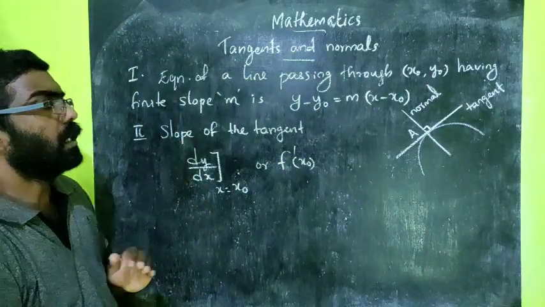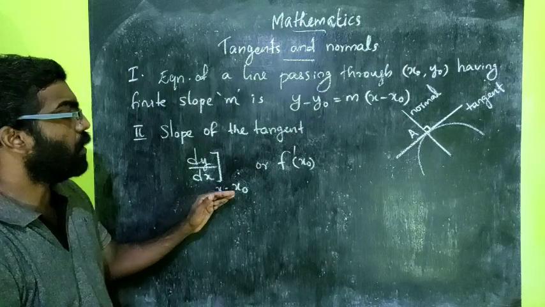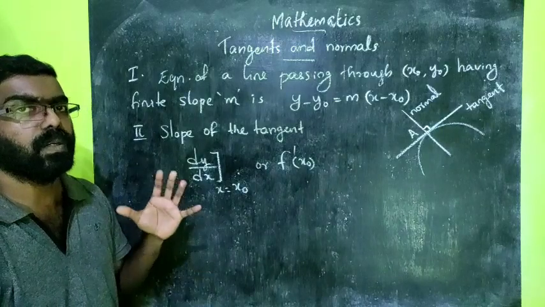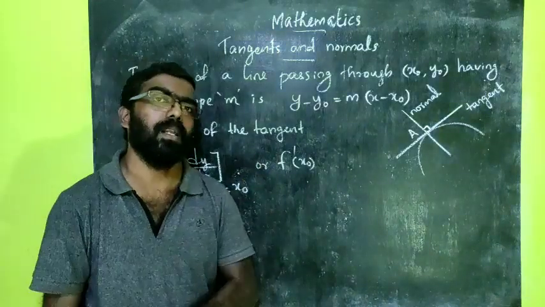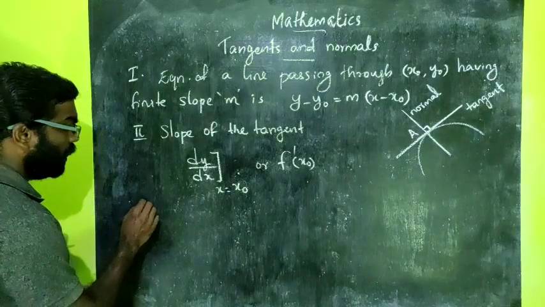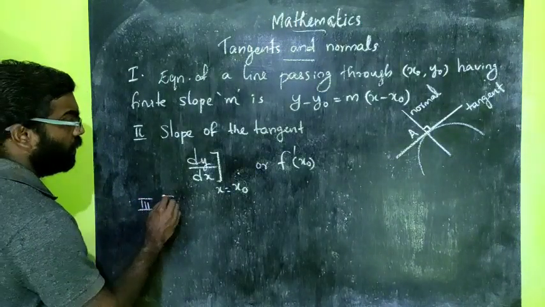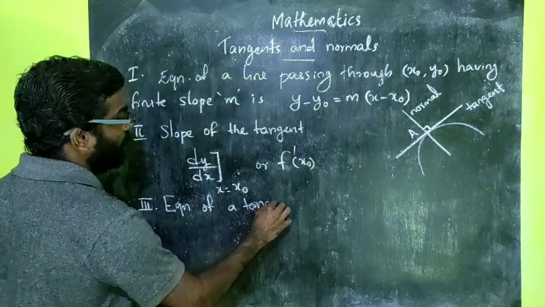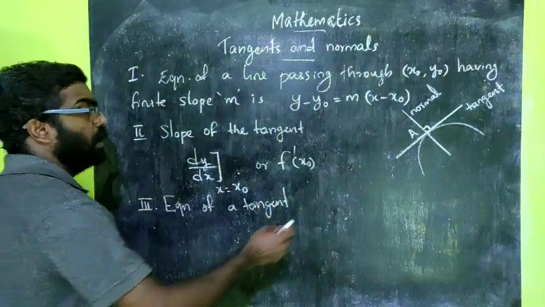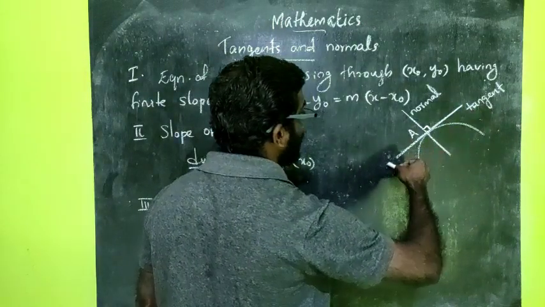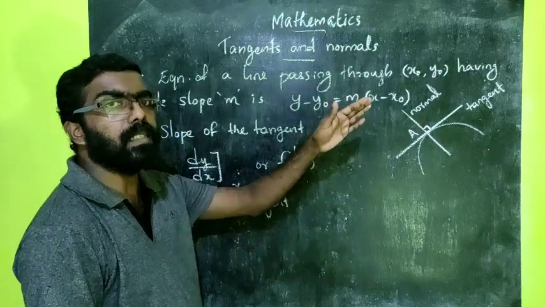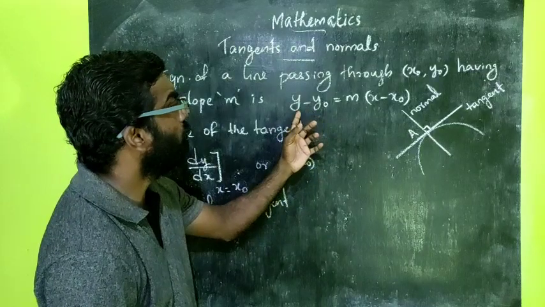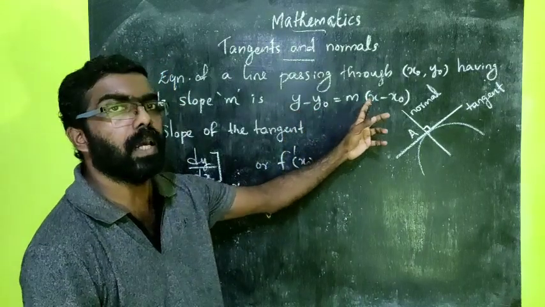So the slope of the tangent is dy by dx at the point x equal to x0, or we can use another notation f dash of x0, the first order derivative at the particular point x0. Clear? Now we are going to discuss the equation of a tangent. The tangent is also a straight line, so we can use the root formula, y minus y0 is equal to m into x minus x0.